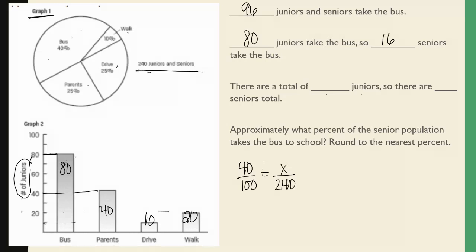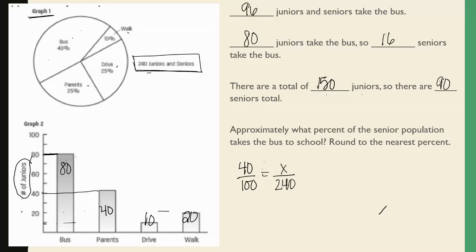Now I'm just going to add all those up. So 20 plus 10 plus 40 plus 80 gives me a grand total of 150 juniors. Now I know that there's 240 juniors and seniors. If I simply subtract that, I get 90 seniors.